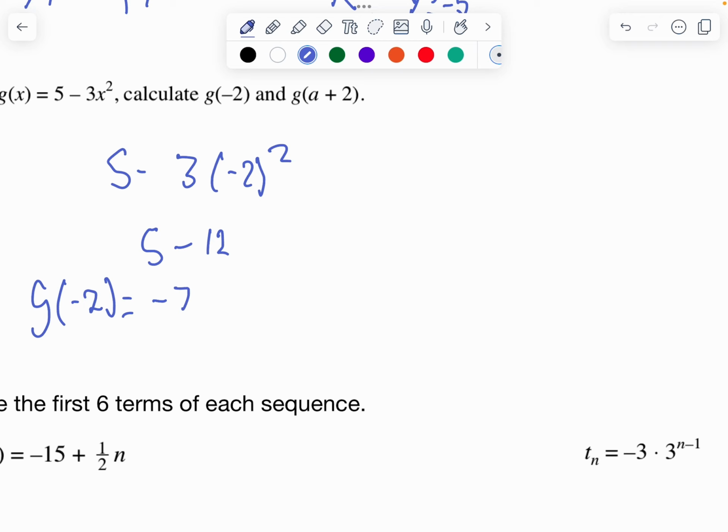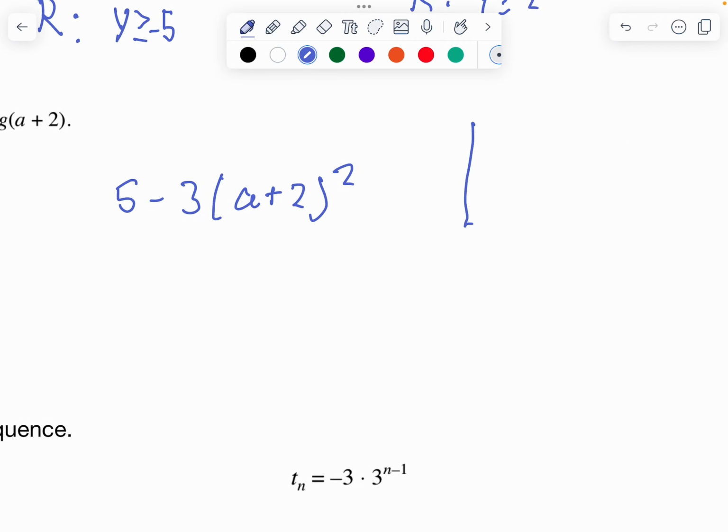Next one, plug in a plus 2 for X. So we'll do 5 minus 3 times (a plus 2) squared. Multiply a plus 2 out.